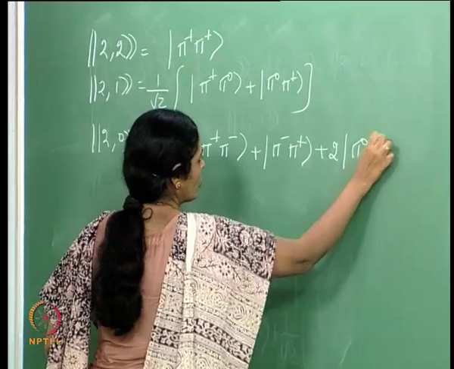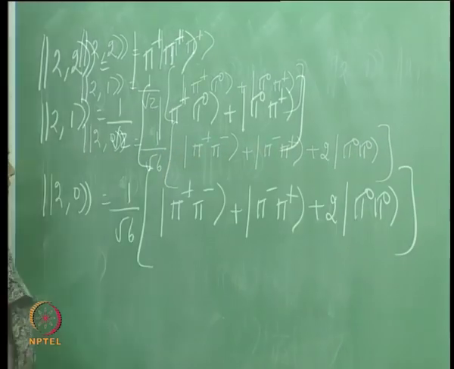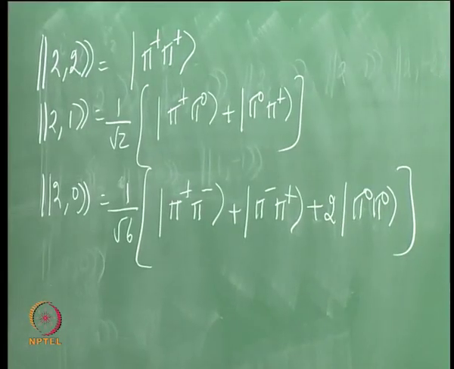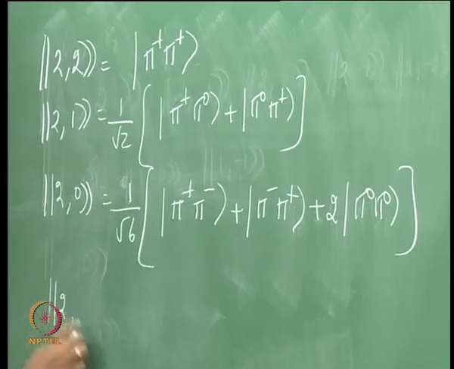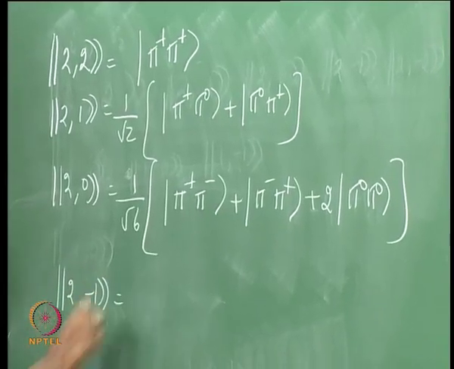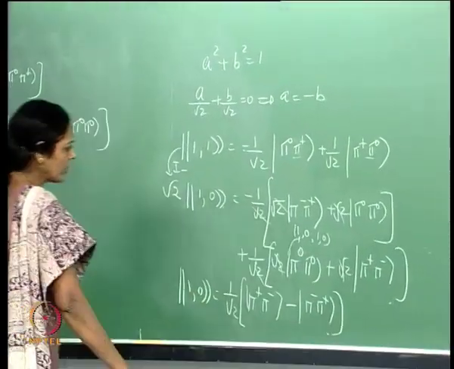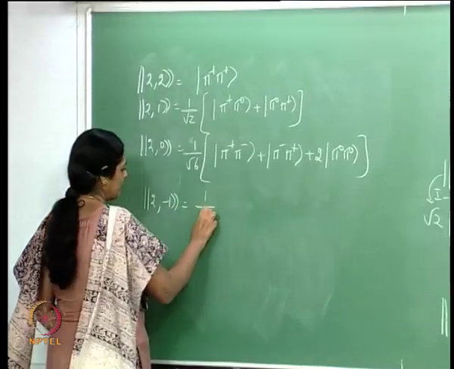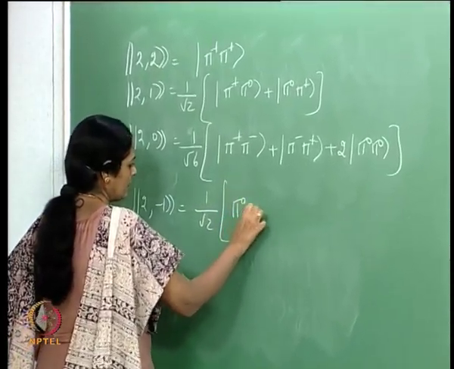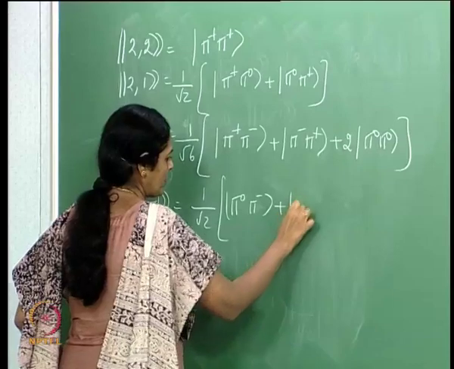So, it had two neutral pions contributing to it. 2, minus 1 is simply 1 by root 2 pi 0 pi minus plus pi minus pi 0.